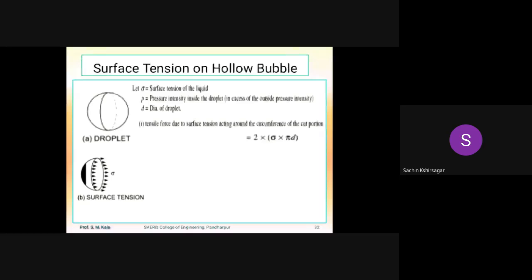So 2 into sigma into pi d. We have considered 2 because at the inner surface as well as at the outer surface, as the liquid-air interface is there, the tensile force will be double.